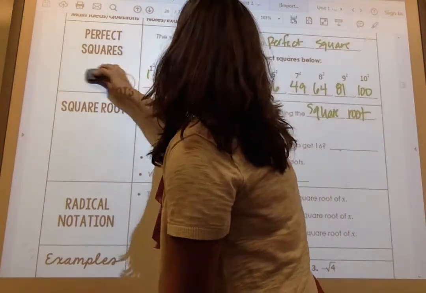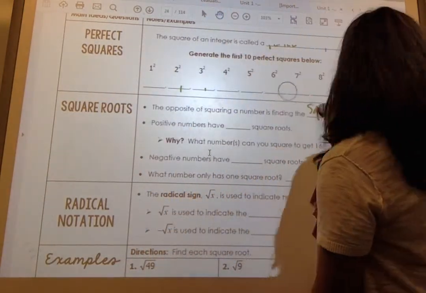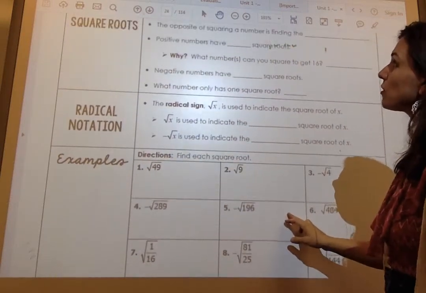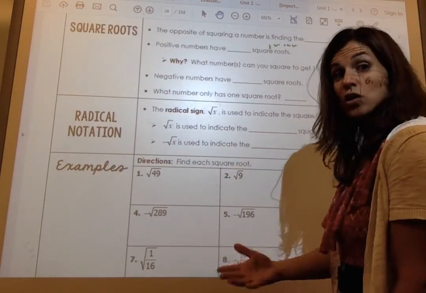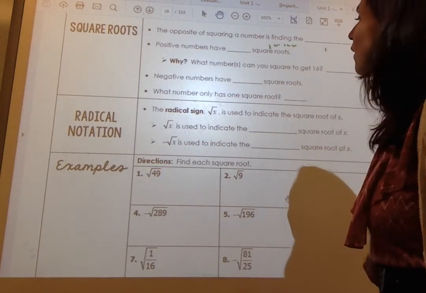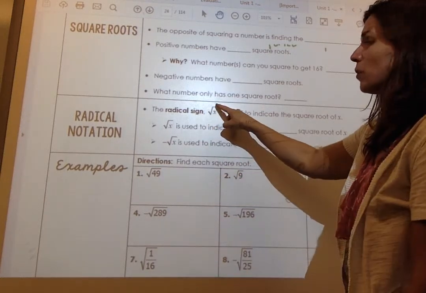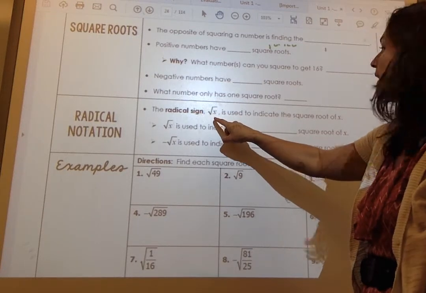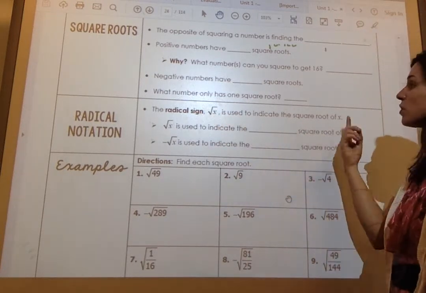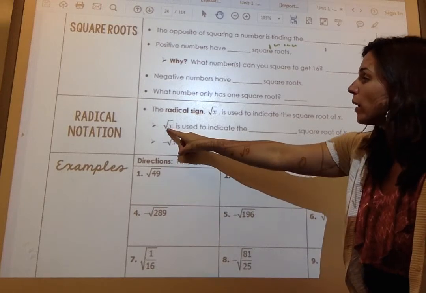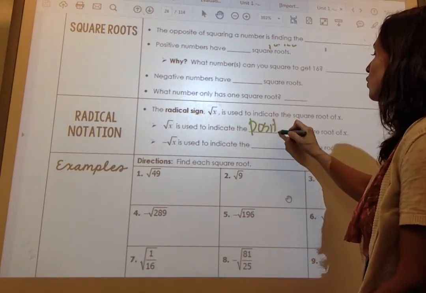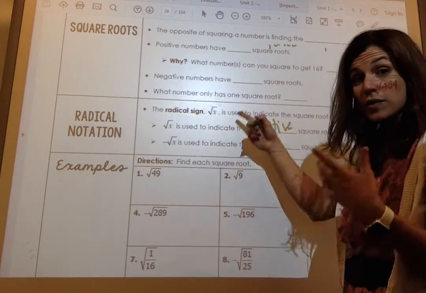Let's take a look at radical notation. All right, radical notation is a way for us to check on square roots and cube roots. So the radical sign is what this is called. The radical of x, the square root of x, is used to indicate the positive square root of x, just like we talked about above for our example of 16.